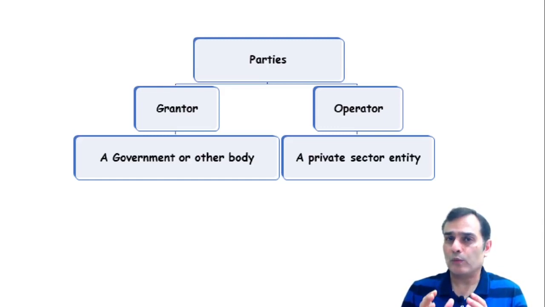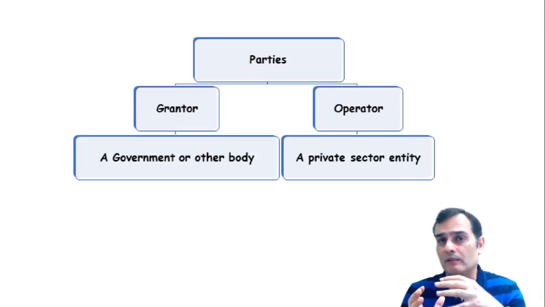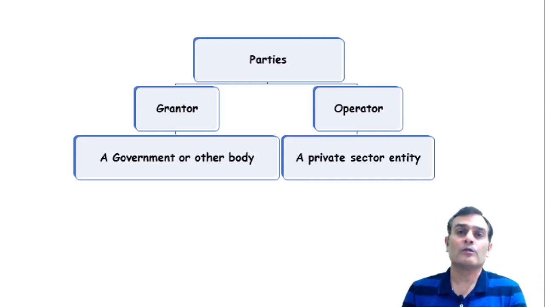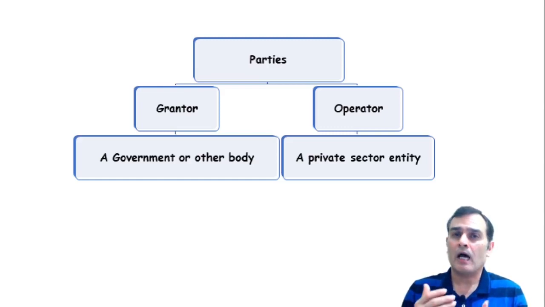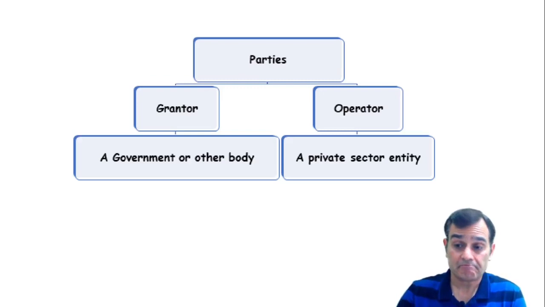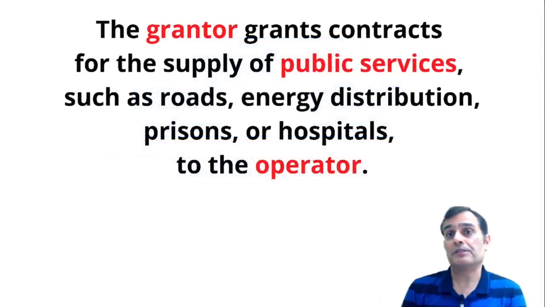So when an operator is getting a contract from a grantor to construct, upgrade or maintain certain public services, how does the accounting take place in the books of the operator?